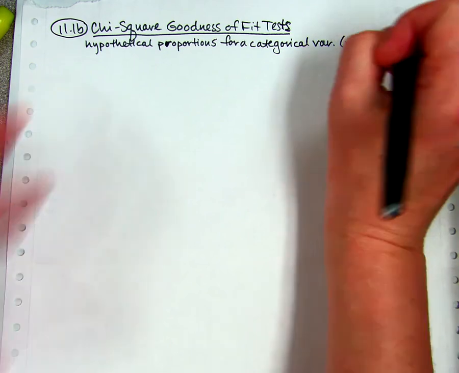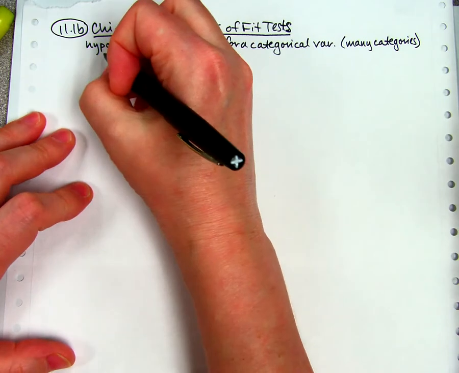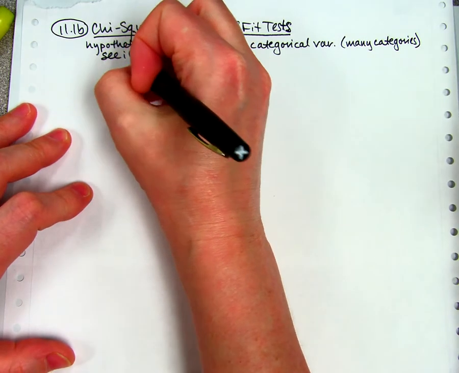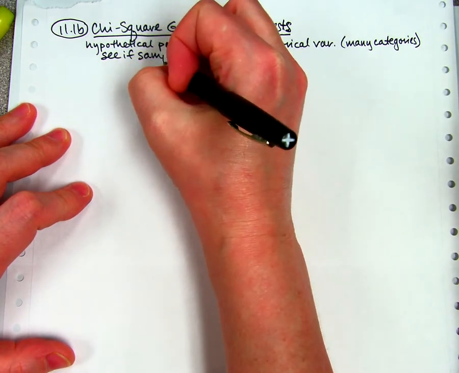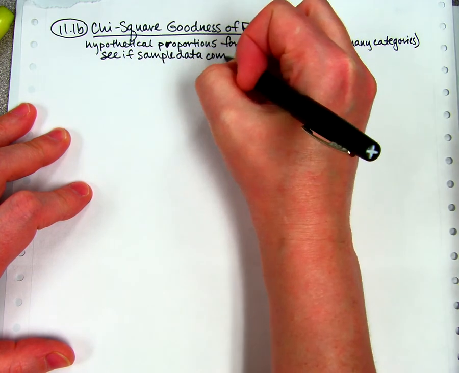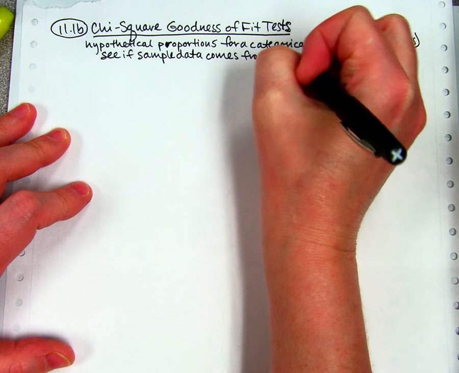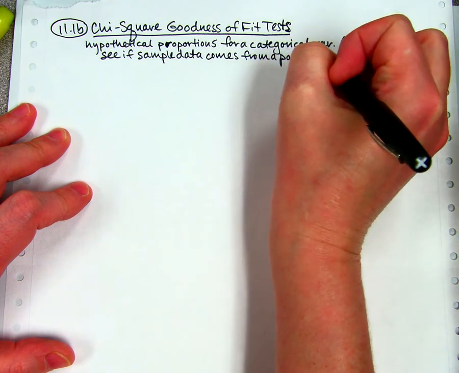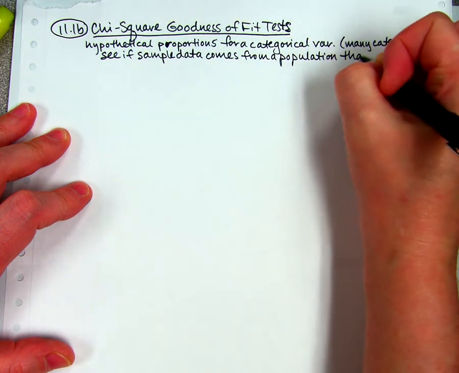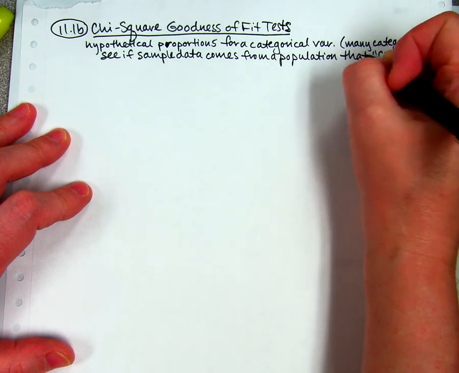And we have a sample that we want to see if that sample came from a population that fits these proportions. See if our sample data comes from a population that fits those proportions that were given, and that's why it's called goodness of fit.